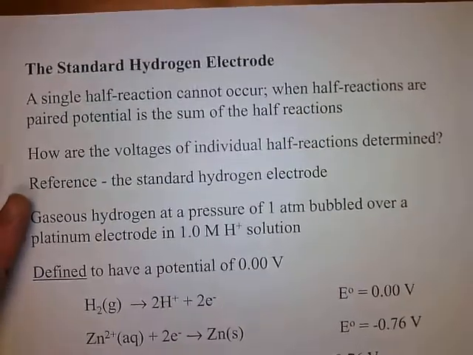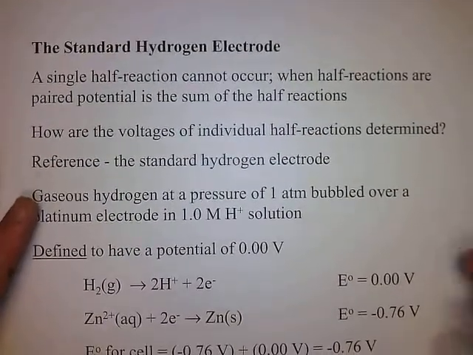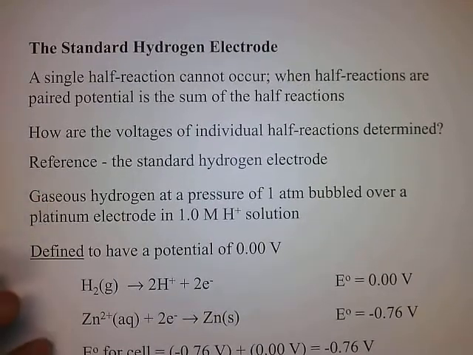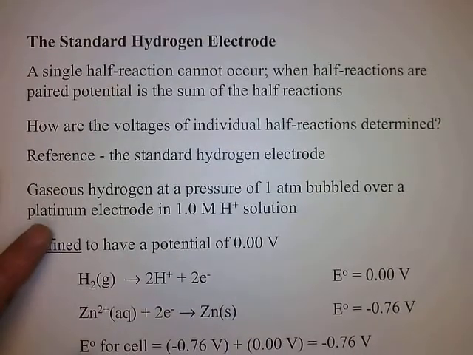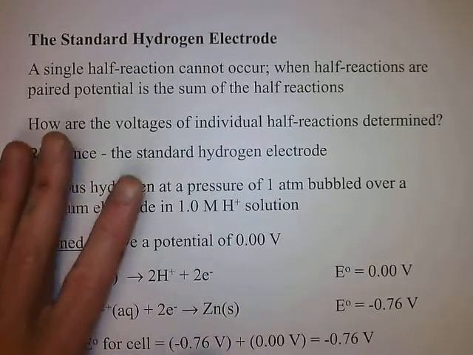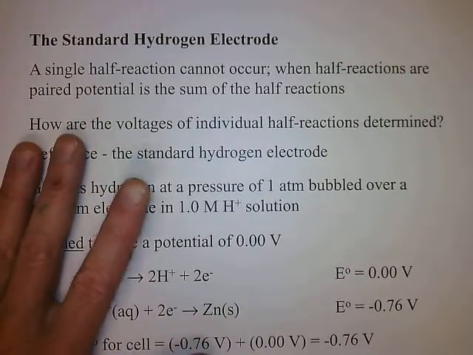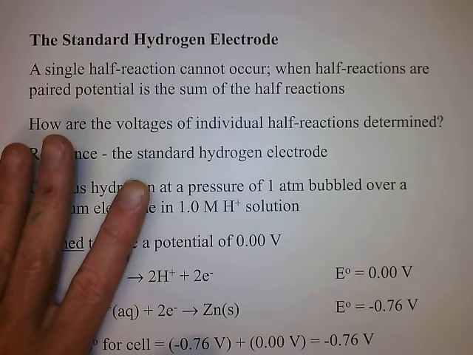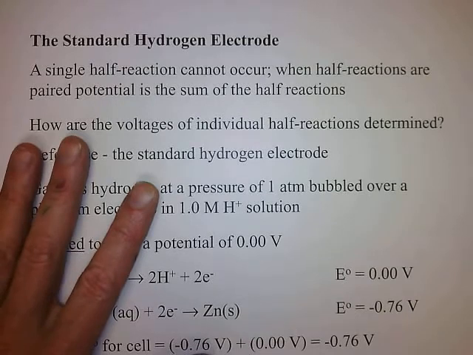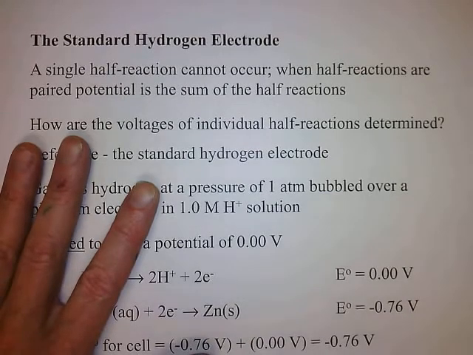Alright, so the last thing I want to talk about for this video is the standard hydrogen electrode. Now remember I've said this a couple of times now, a single half reaction can't occur by itself. Oxidation and reduction always occur in pairs. But then the problem is, how do you measure the potential for a half reaction?